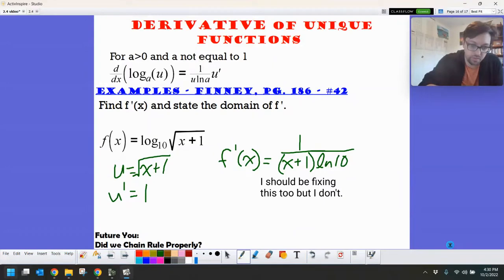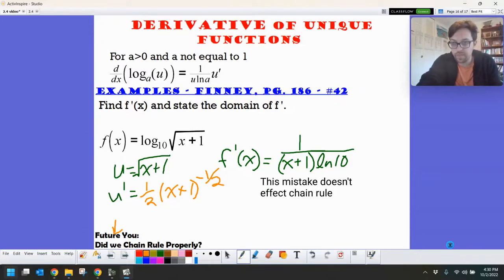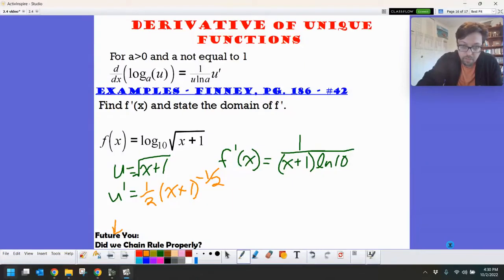So that is going to be, instead, drop our exponent, 1/2 x plus 1 to the -1/2. Future you, double check that we've done the chain rule properly. We have, but future you currently don't know how to do the chain rule, but future you should. Multiply by this thing, so times 1/2 x plus 1 to the -1/2.